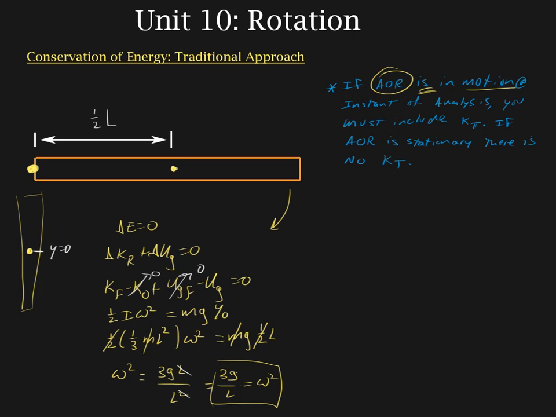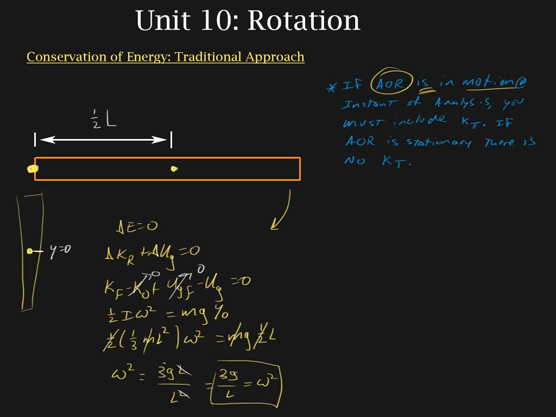But it doesn't really address what happened to K translational, because the center of mass, once again, is in motion. And so now I'm going to work this problem a little bit backwards. Just like I had worked the previous problem, we started with the traditional approach, which uses 1/2 mr squared for the sphere, which means we're using the moment of inertia for which the axis of rotation goes through the center of mass.